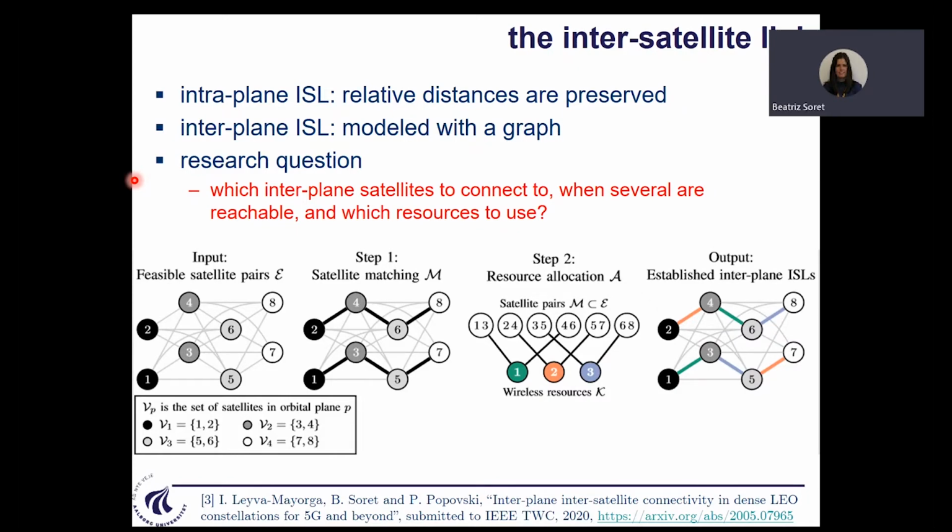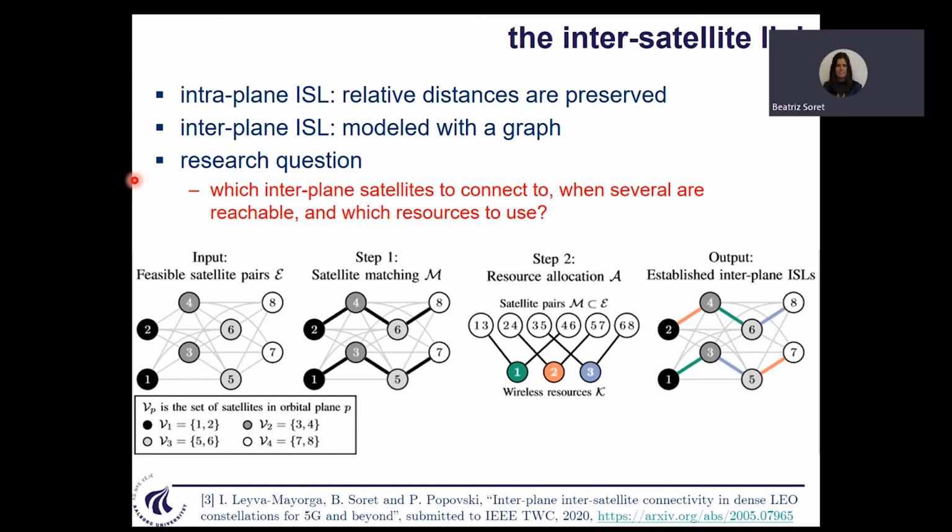We can model the constellation like a graph, and the research question would be which interplane satellites to connect to when several of them are reachable. And once I decide who is going to talk to whom, which resources should I assign to each of them? So it's a double problem. It's a matching plus resource allocation problem.